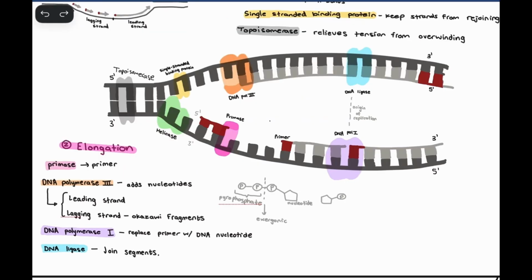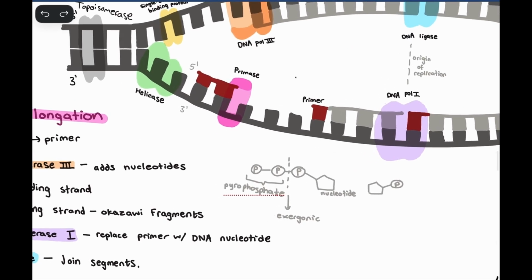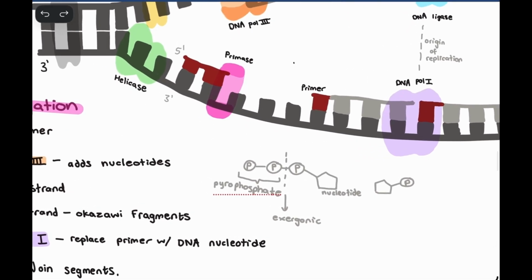You can also note for DNA polymerase 3, DNA polymerases catalyze the synthesis of a new DNA by adding nucleotides to the 3' end of a pre-existing chain. But how do they do this? Well, initially, nucleotide triphosphates, which look like this, a nucleotide attached to 3 phosphates, lose 2 phosphate groups, and they are lost as a pyrophosphate.